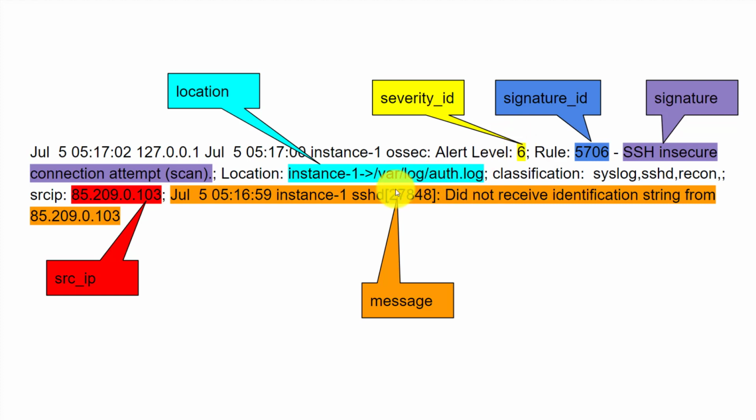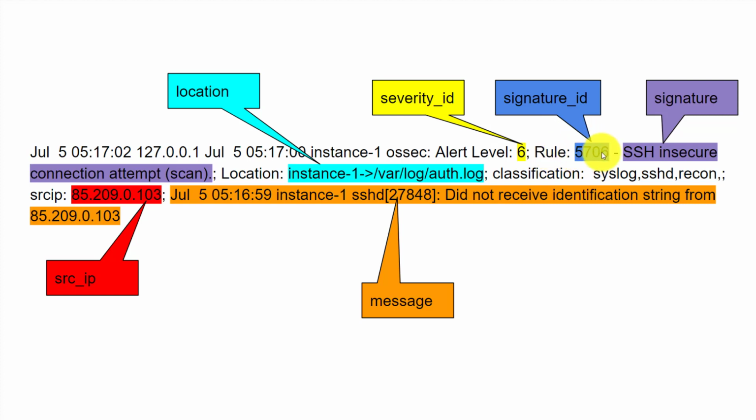After the alert level, whatever digit comes up is the severity ID, the severity of that event. It could be 5, 6, 7, something like this. Then after that we have a rule, as you have seen in the OSSEC UI as well, and a rule number.